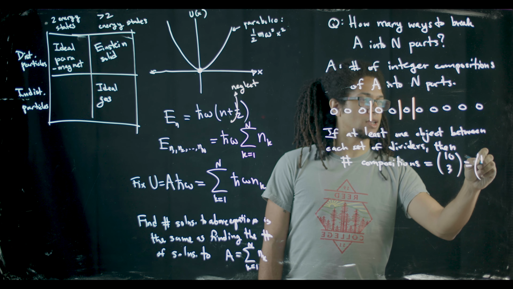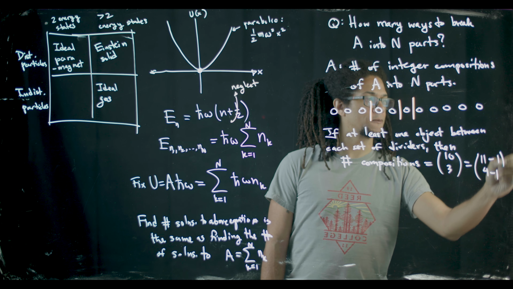So I can write 11 minus 1, choose 4 minus 1. Great.